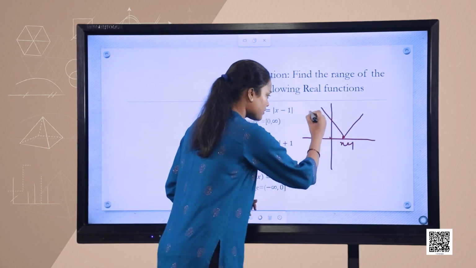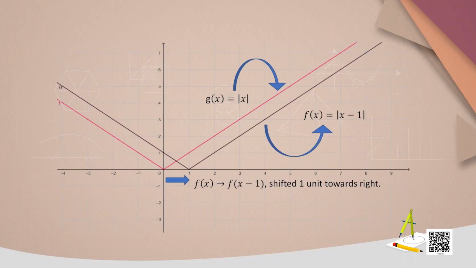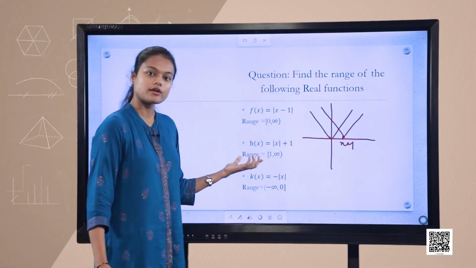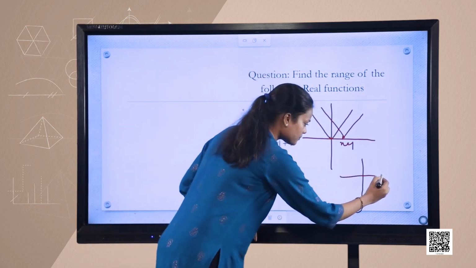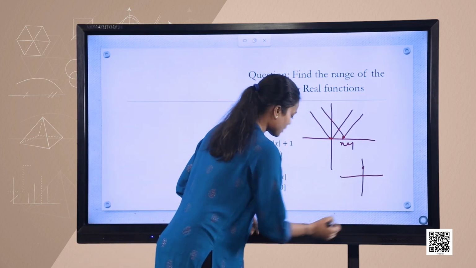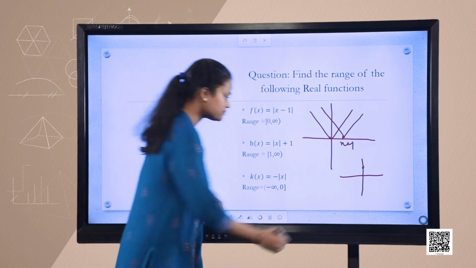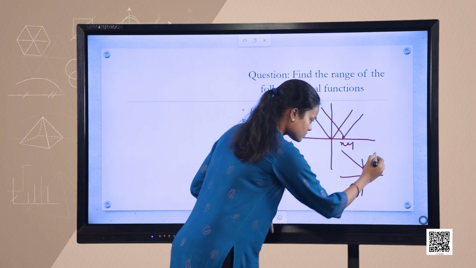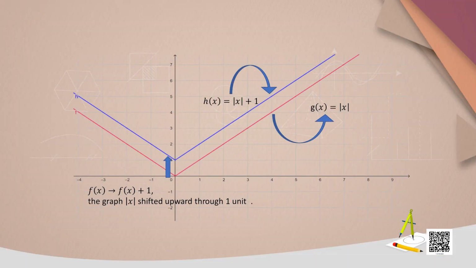The graph that we have, this is mod x, and the graph will shift towards the right. In h x, the graph will move upward. When x is equal to 0, what is the value of h x? It is 1. So this is the graph of h x.